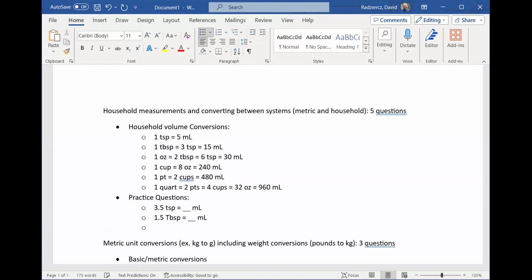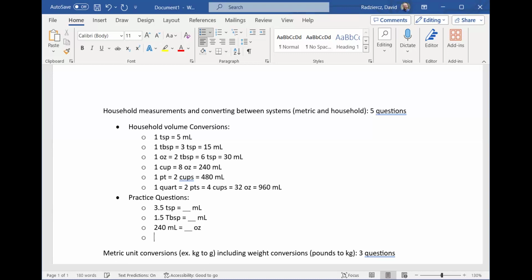Then we might have something like, let's say I have 240 milliliters and I want to know how many ounces that is. And then for additional practice, I have 1.5 cups and I want to know how many milliliters that is.